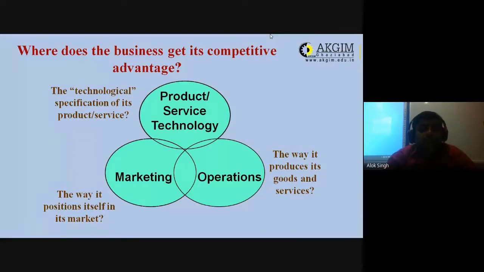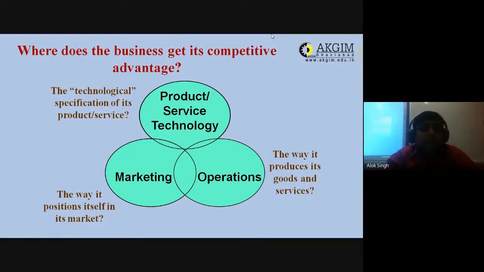In a capital intensive country, most of the processes and technology are capital intensive, because they do not have enough skilled human resources. The density of people is also very low, so they opt for capital intensive technology in place of labor intensive technology. That is basically product or service technology.